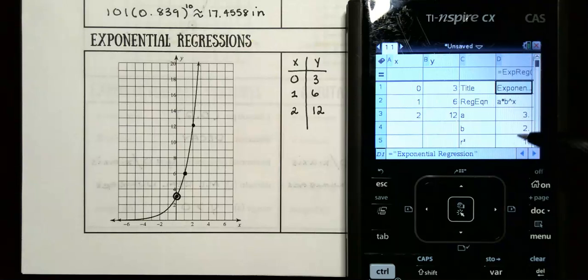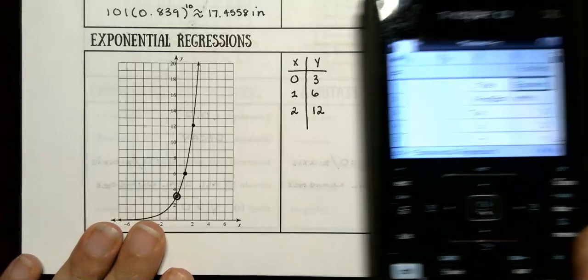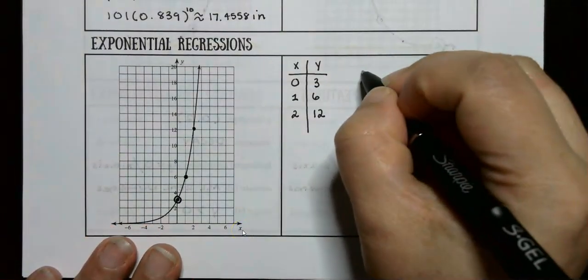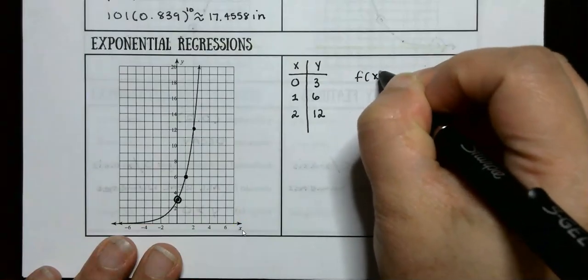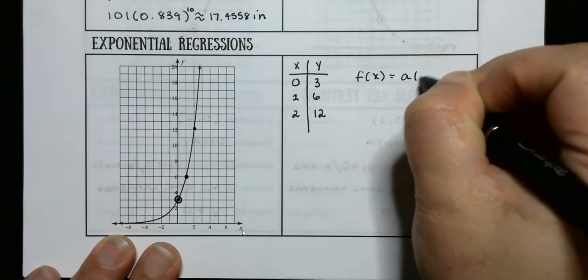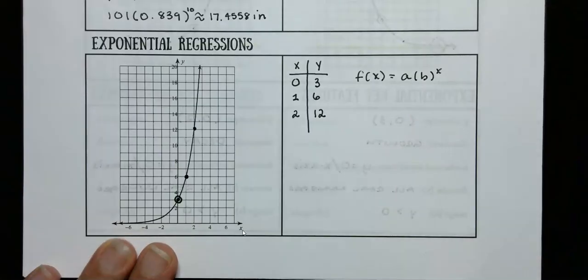And over here to the side is going to tell me the form my equation should look like. And then it's going to tell me the numbers to plug into there. So if you look right here, it tells me that it's a times b, and b is raised to the x power. So I'm going to write that over to the side. My function is a times b raised to the x power.